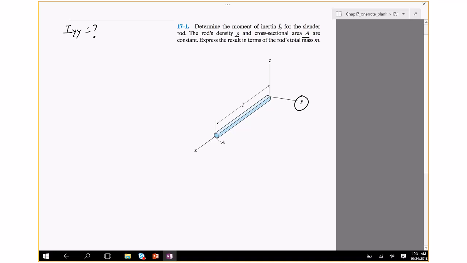I need to give you inertia about G. So when you're looking at the table, you need to find inertia about this axis. So IG, let's go to the table and try to find the inertia about axis G, but parallel to Y.